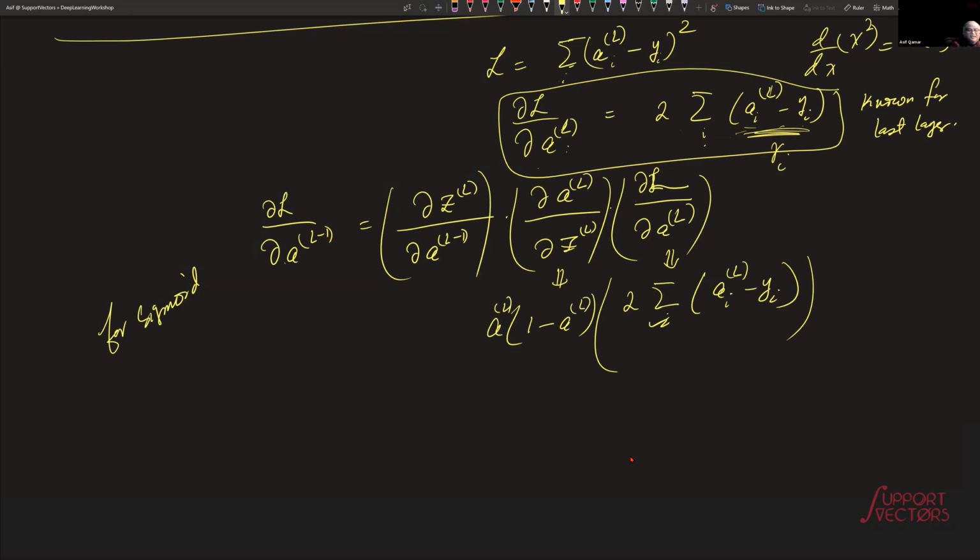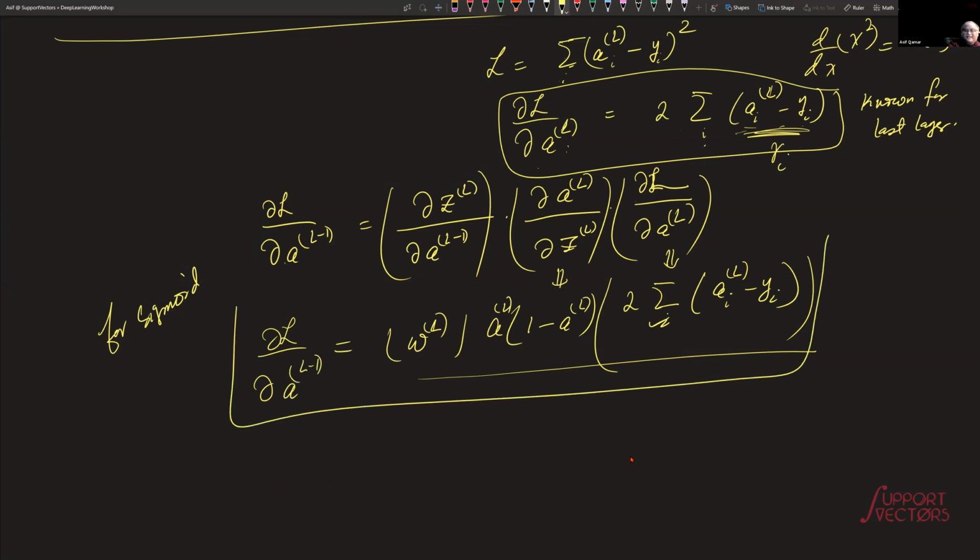This just turned out to be W. If you take the derivative of this with respect to this, this is just the weight W of the last layer. And so now, do you see that there are no derivatives actually being done? You just computed the gradient without actually doing any numerical computation. Just look at this result. Do you see that, guys?